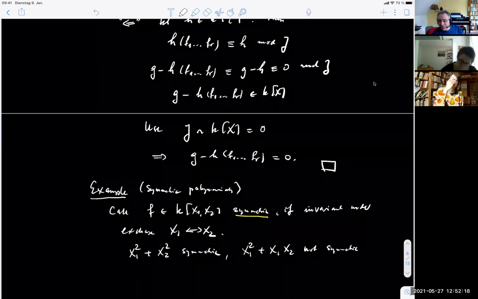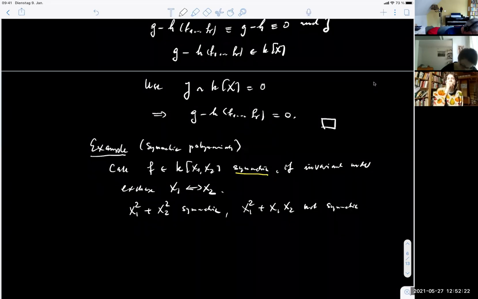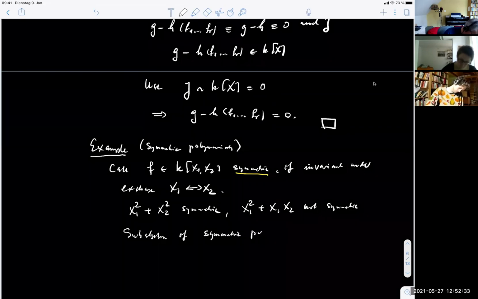Now I look at the subalgebra of symmetric polynomials. It's a subalgebra. That's very easy to see. The sum of symmetric polynomials is symmetric. The product is symmetric. So on.